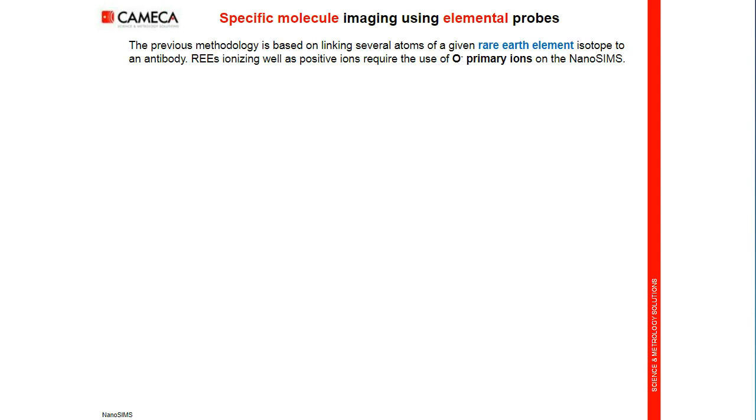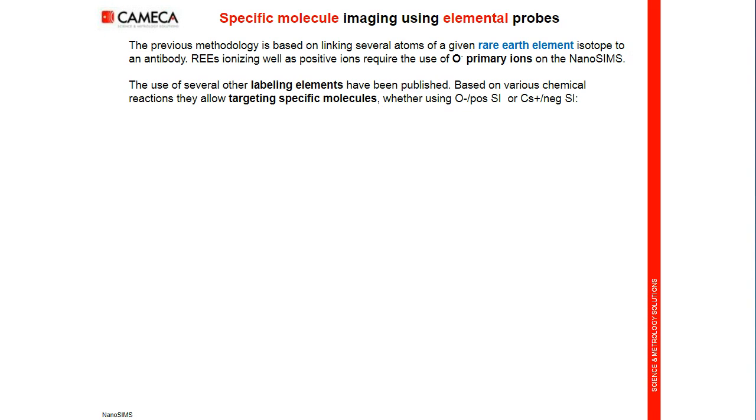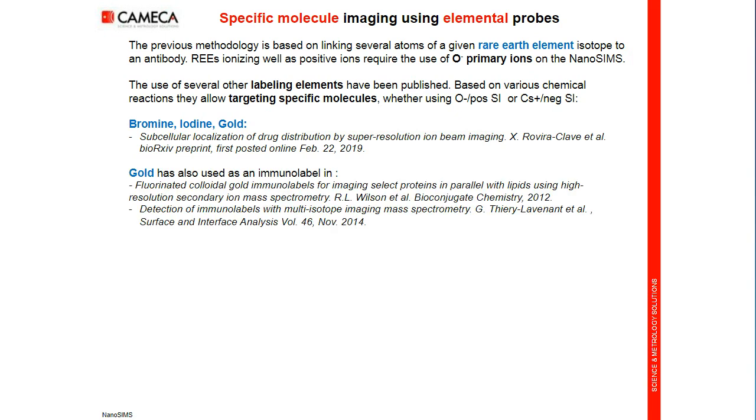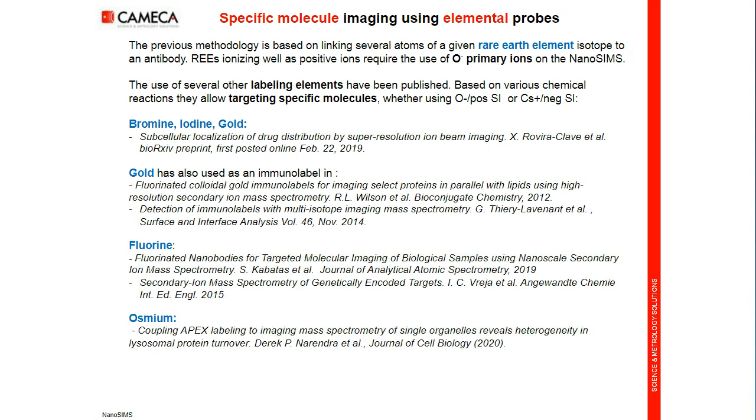So here, in the previous example, rare earth elements were used with O- primary ions, but other articles have used cesium primary ions, detecting negative secondary ions used as tags, like bromine, iodine, gold, in different chemical forms, fluorine, osmium, and boron.